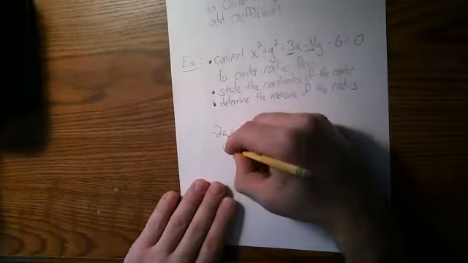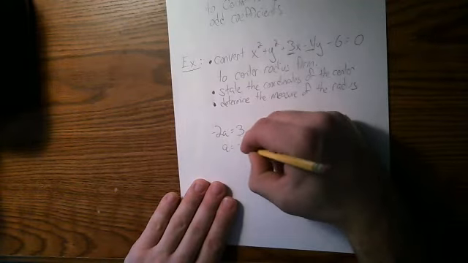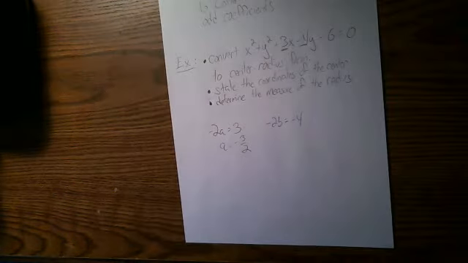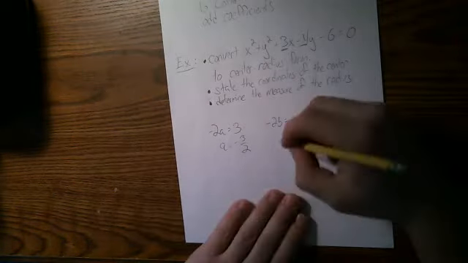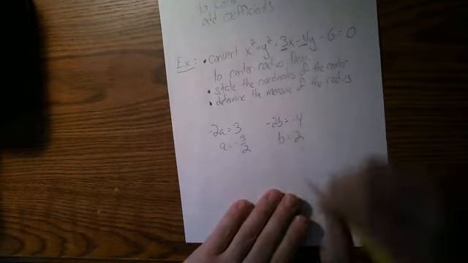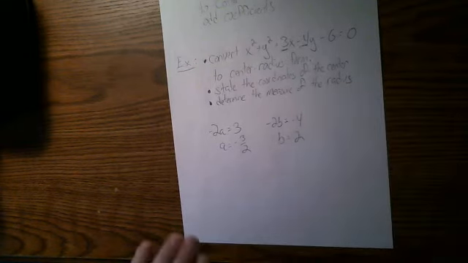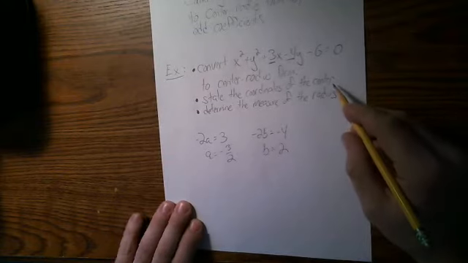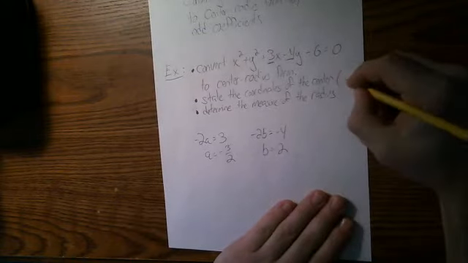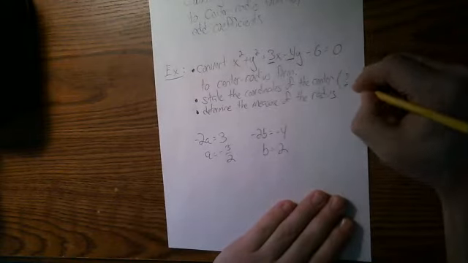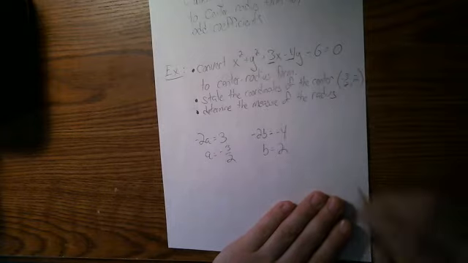But that doesn't mean we can't express it as a fraction and just leave a as -3/2. And b is +2. So we could jump ahead and answer the second part of this question. Now we know the coordinates of the center. It's -3/2 as the x coordinate, and 2 as the y coordinate.